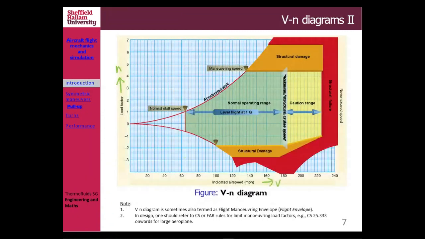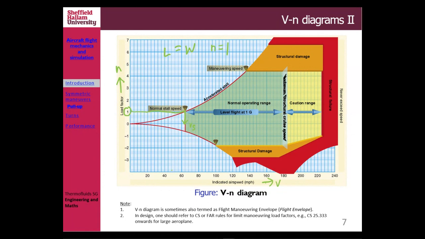Now, if you look at that diagram, if you fly in straight and level flight where lift equals the weight, your n equals 1, which is 1g. That is where your stall speed happens, so if you draw that, that is your V stall.